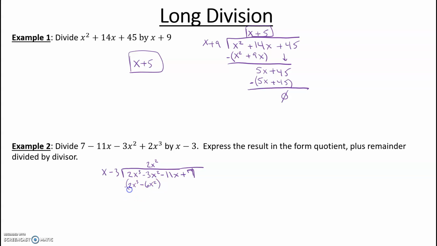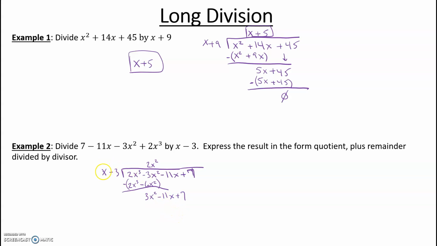And again, we subtract that whole row. So we got this minus this goes away. Should always happen. Negative 3 minus negative becomes plus 6. So negative 3 plus 6 leaves me with 3x squared. And I'm going to bring down all my other stuff because I don't want to forget about it.